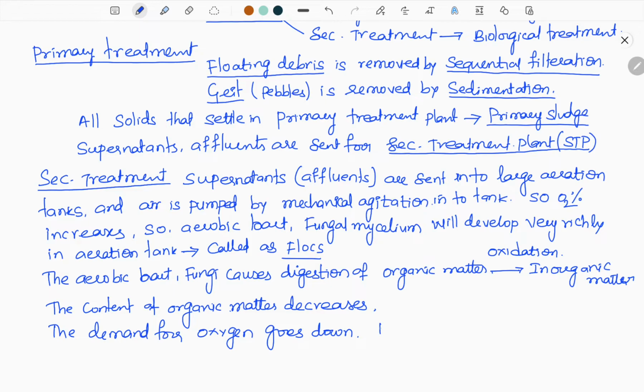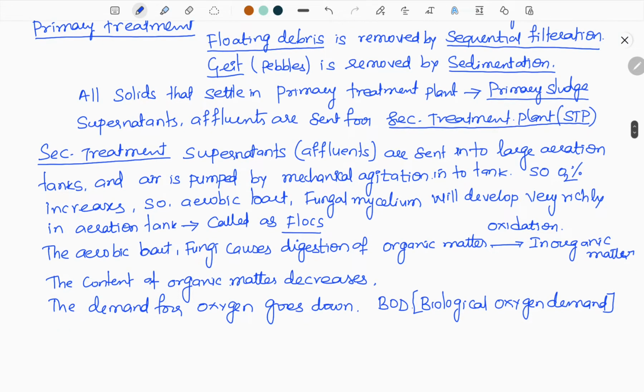This is what we call BOD, biological oxygen demand. It's also called biochemical oxygen demand. So BOD also decreases.